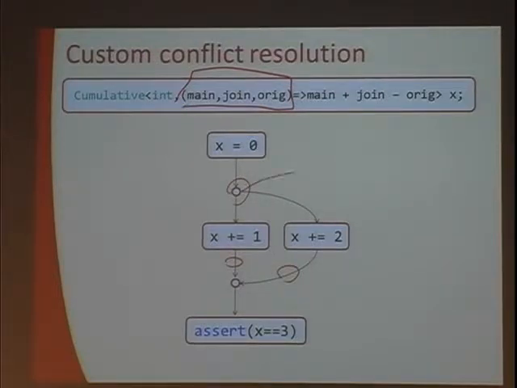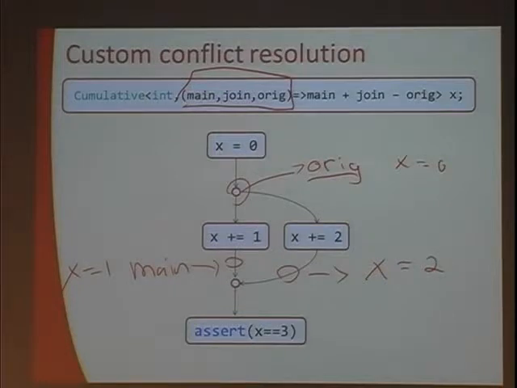So the idea is when I fork, I have a state. In that state, I can think of that as being my original value of x, which in this case is x equals 0. As I'm progressing in parallel in 2 branches, one of those branches is the main branch, and at the end of this branch, x is equal to 1. And at the end of this branch, x is equal to 2. And so when we want a custom merge, we can write that merge.